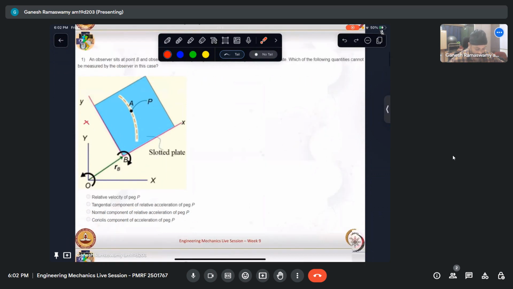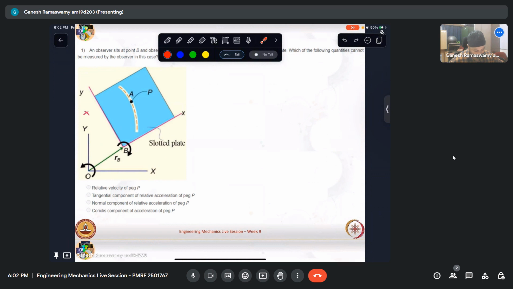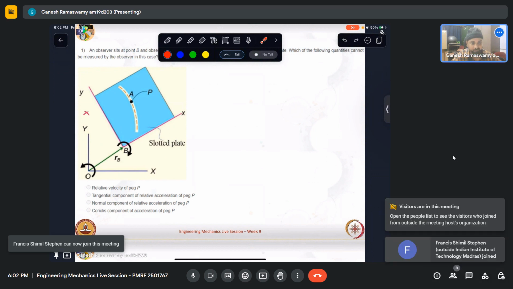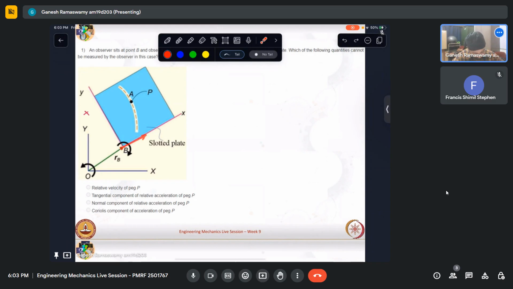So the options say it is the relative velocity of the peg P, the tangential component of the acceleration of peg P, the normal component of the relative acceleration of peg P. The previous option also says relative acceleration, and the last is the Coriolis component of the acceleration of the peg P. While rotating with the rigid object, naturally all the relative quantities can be measured by the observer.